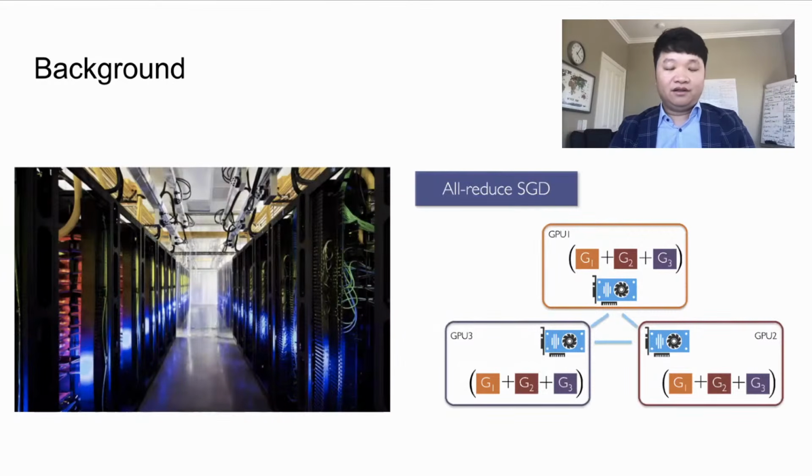So normally in distributed training, people use all-reduce SGD, which distributes the data set into different GPU workers, no matter whether they are located in different machines or in a single machine. And then we do all-reduce to aggregate the gradient. This is data parallelism, which is very popular for distributed training before we had the transformer.